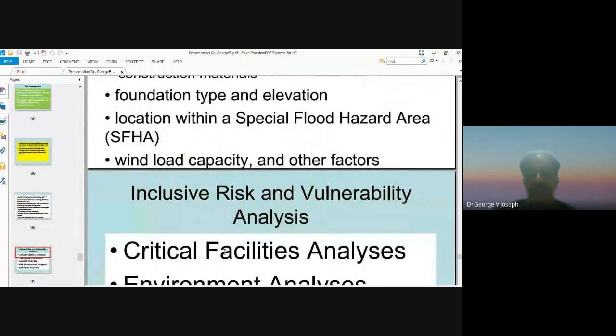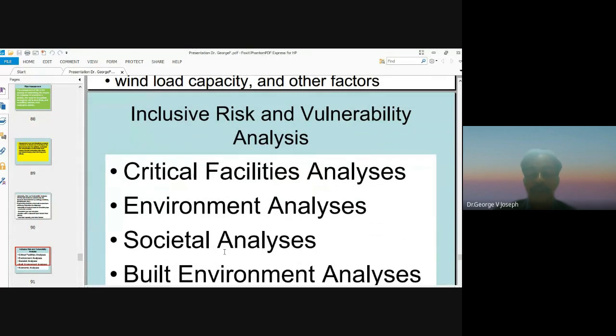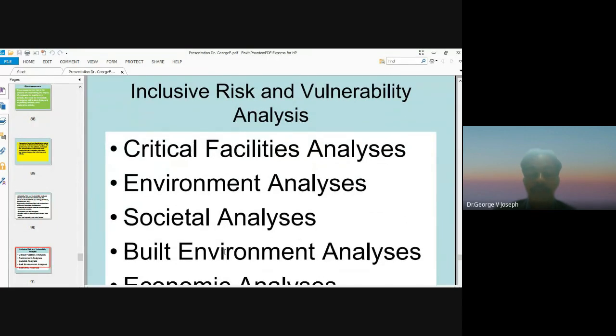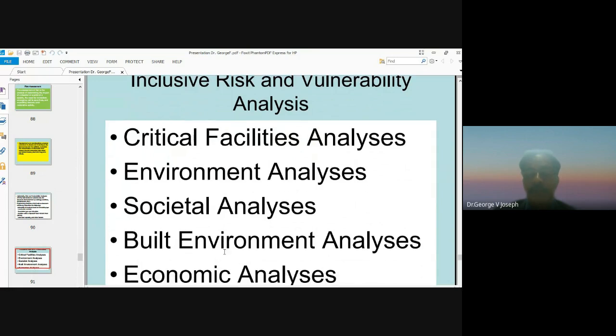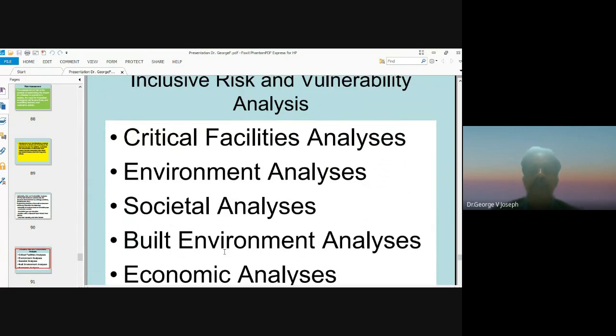So inclusive risk and vulnerability analysis includes critical facility analysis, environmental analysis, societal analysis, built environmental analysis and economic analysis. Earlier the risk assessment was done only by engineers.